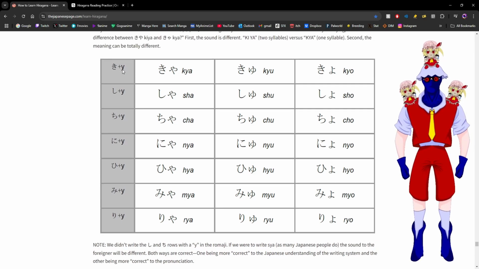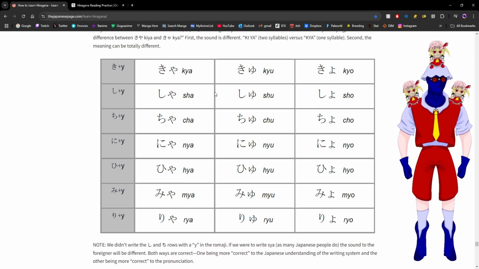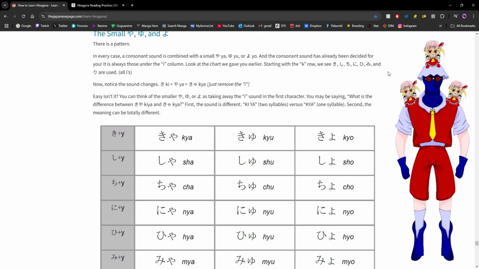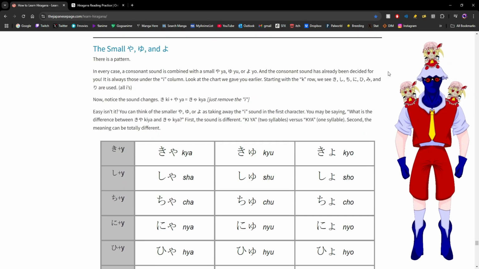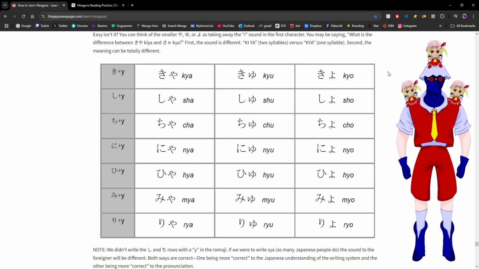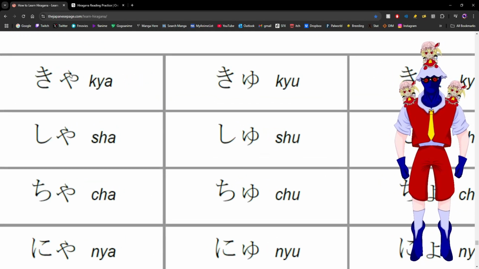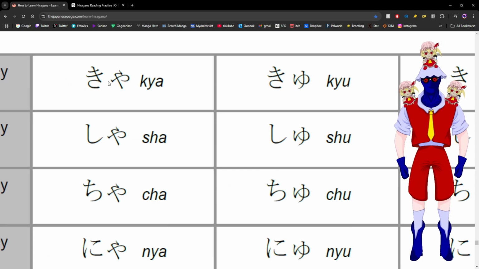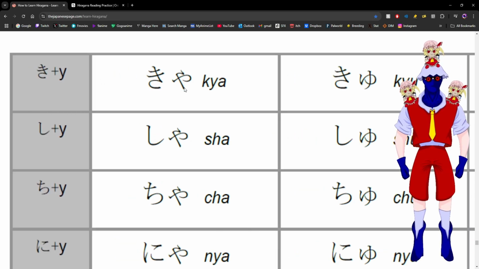So about the ya, yu, yo stuff, and the tsu actually, I figured out that if you wanna pronounce the letter itself, like ya, yu, yo, it has to be like a big letter. And here it's small. You can see it's shorter than the ka. So when the letter is small, you're gonna use this whole rule of removing the I and it basically becomes kya.